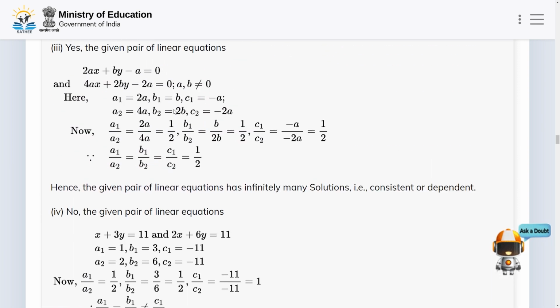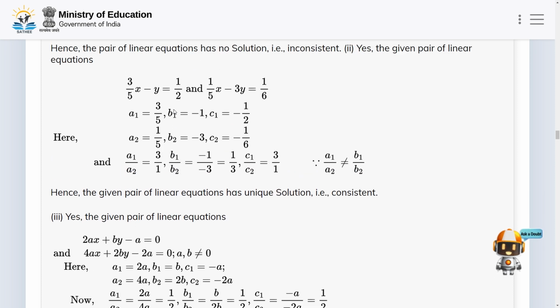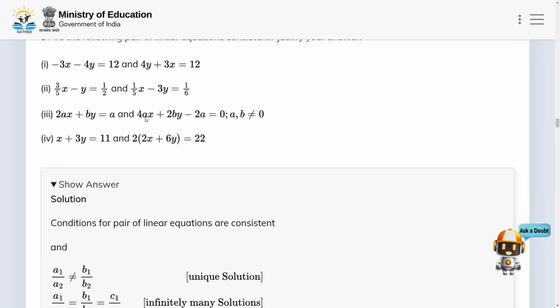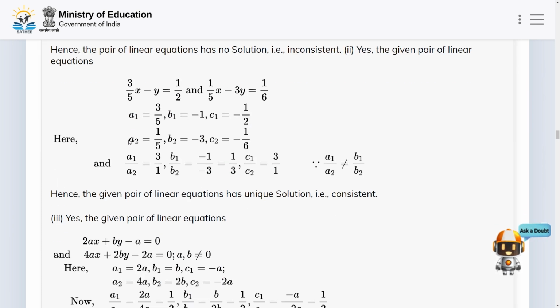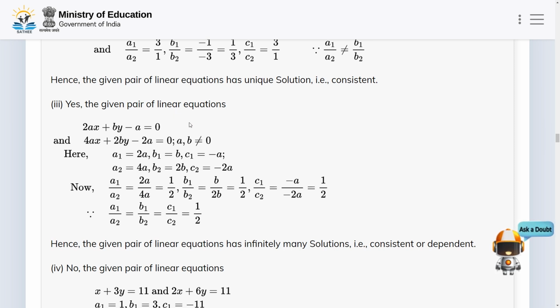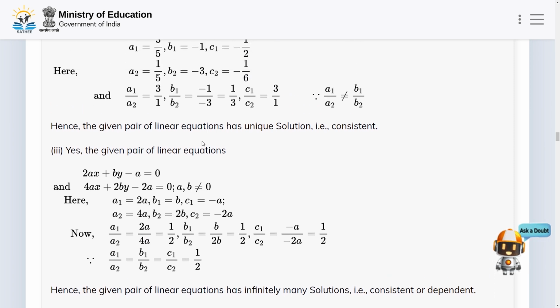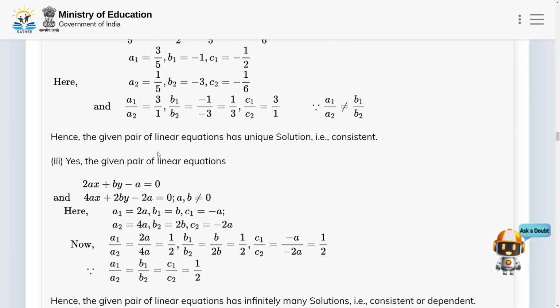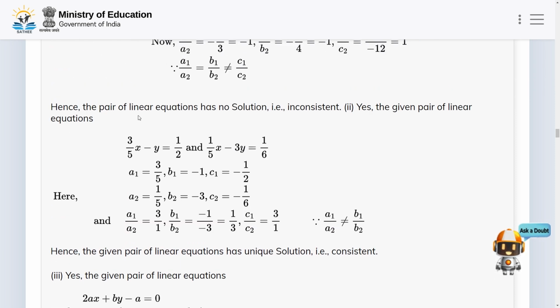So among these four pairs of linear equations, the third pair of linear equations is consistent.